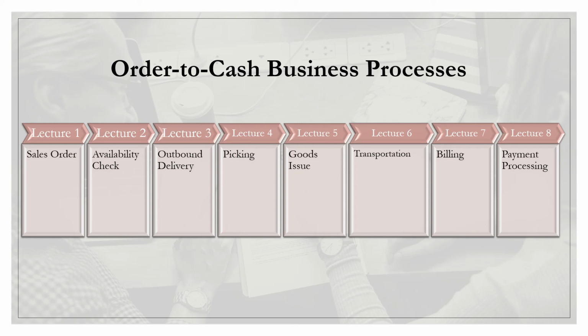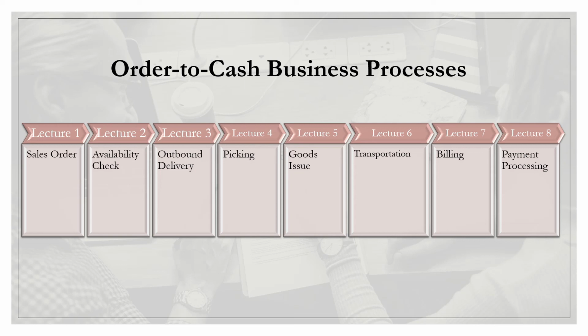It is our third step within the order to cash business process. Basically, the outbound delivery document starts the logistics execution for the shipping process, which is the physical movement of goods, from procuring raw material through finally sending out the finished product.